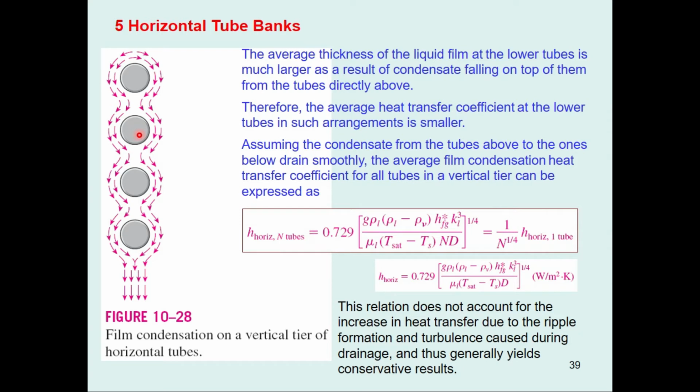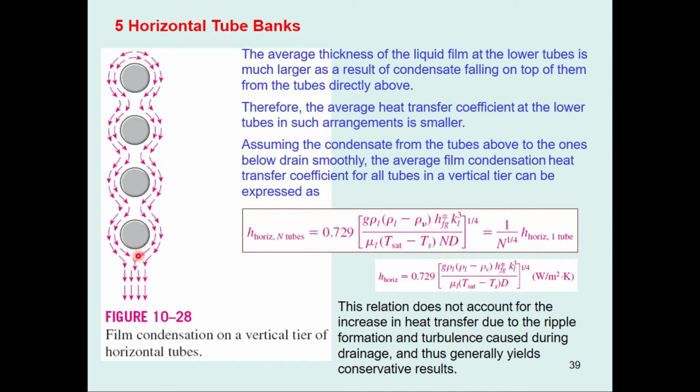On this tube the liquid is falling from here, and on this tube the liquid is coming all the way from the tubes above. So the thickness of the condensate film on this tube must be very high, and so the heat transfer coefficient at the lower tubes will be much smaller because of the very high film thickness.